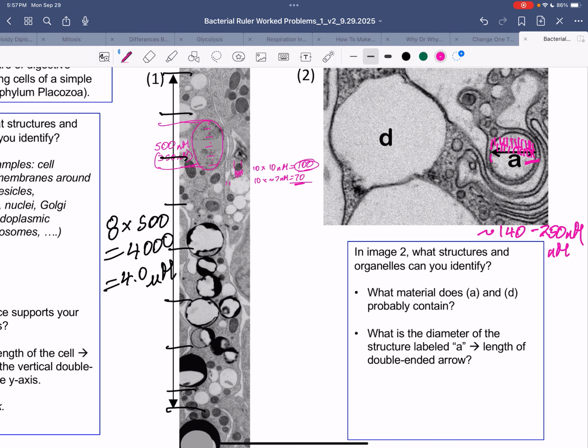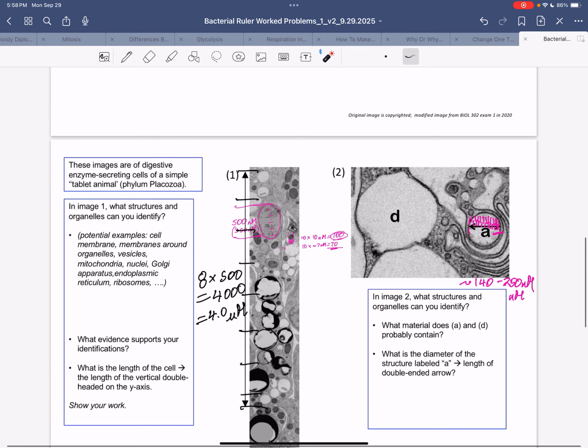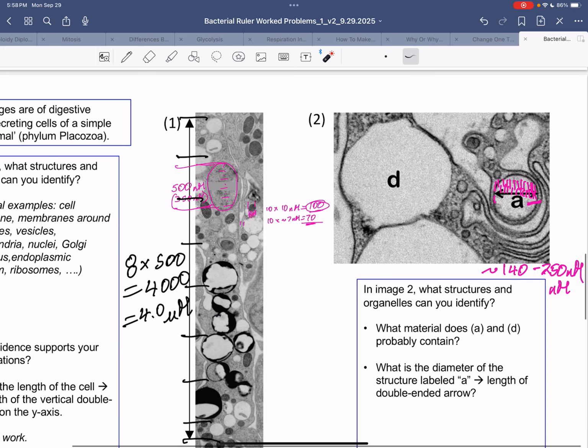What material does this contain? Well, it's from digestive enzyme secreting cells of these tablet animals, placozoans, and that suggests that these might be digestive enzymes that are being packaged for secretion.